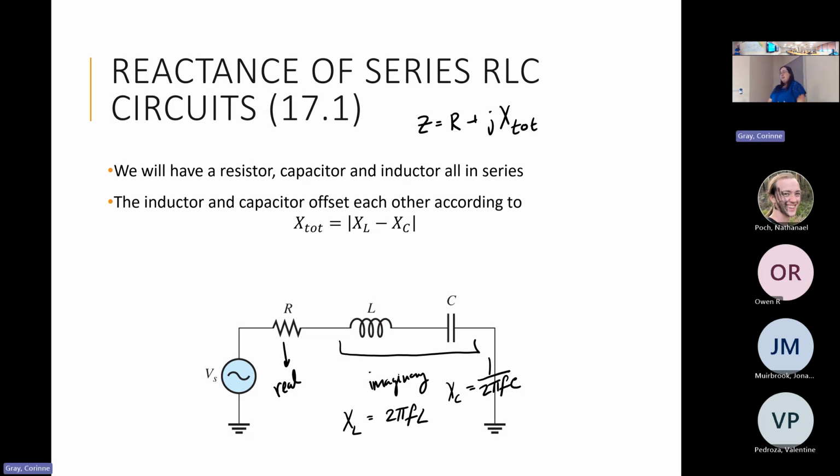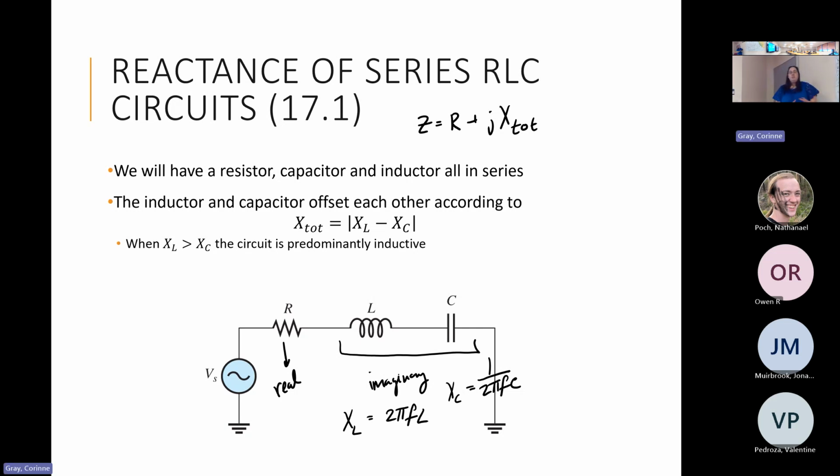What you will then see is an extra piece of terminology used in the information about the circuit. If the reactance of the inductor is larger than the reactance of the capacitor, the circuit is defined as predominantly inductive. This means the inductor portion is more powerful in comparison to the capacitive portion of the circuit.